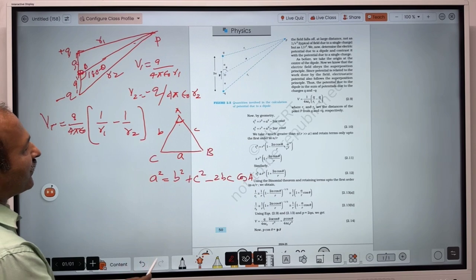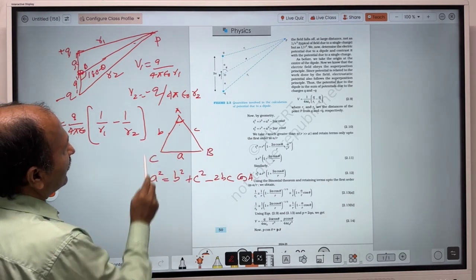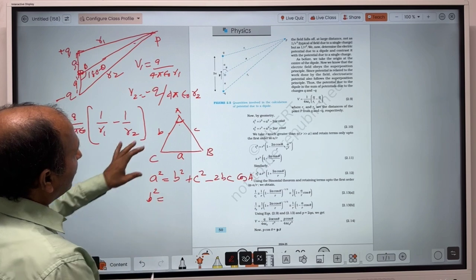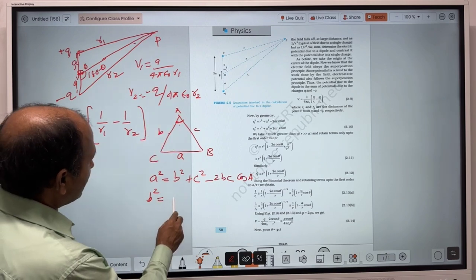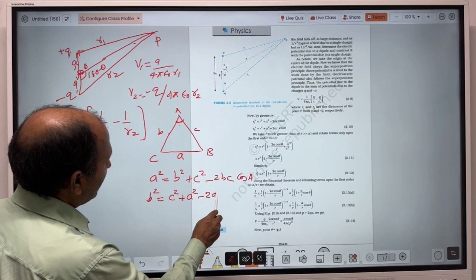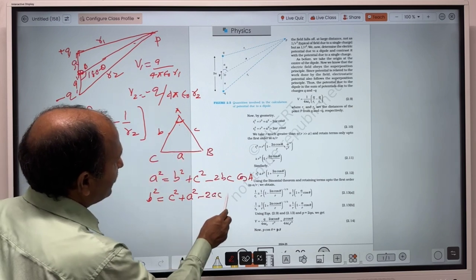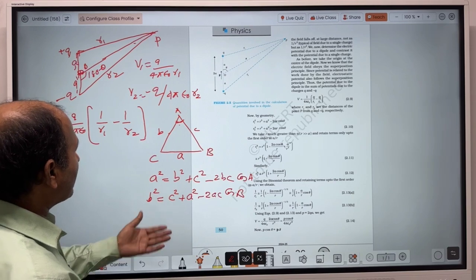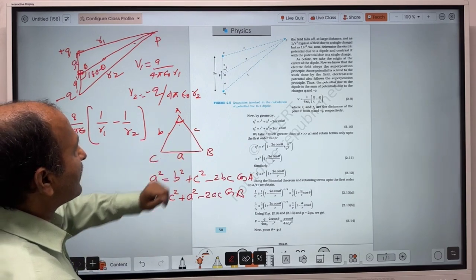Now suppose you want side b. You will write b square equal to c square plus a square minus 2ac cos B, the angle enclosed. Similarly, suppose you want the value of side c.